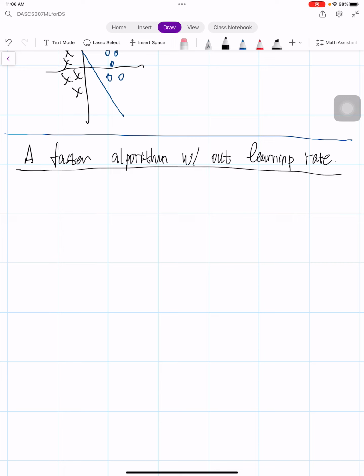Okay, so next in this short video, I just give you a brief introduction about another algorithm. It's called the maximum margin classifier.